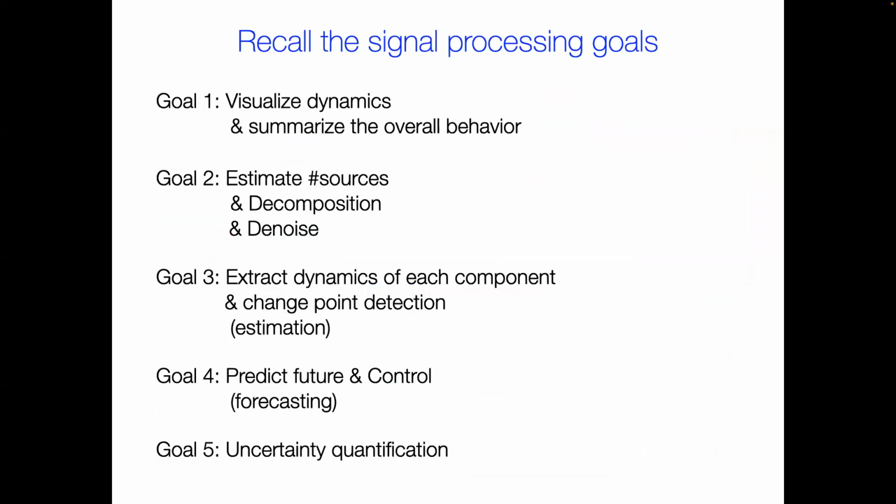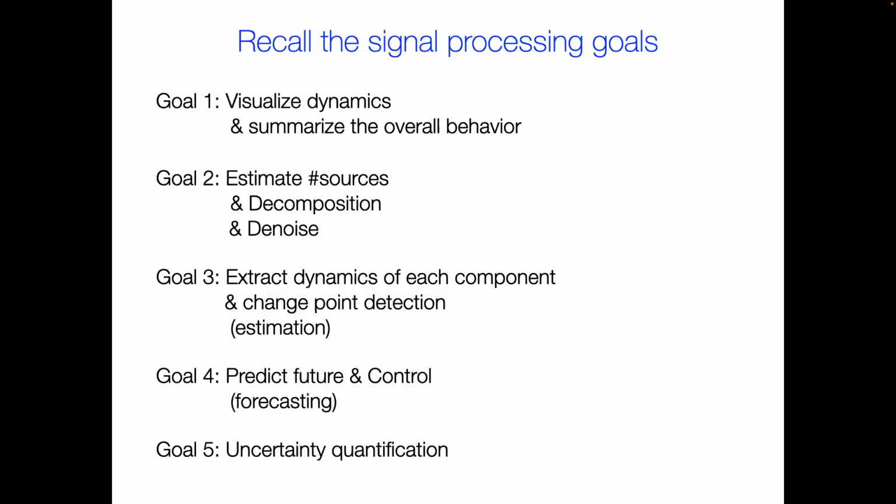But before I go into details, let's have a quick recall, if you have any experience in signal processing, you know it. What do we do for a given signal, a time series? Usually, the first mission is to visualize the dynamics. You can plot the signal, or generate a spectrogram, or there are some other ways to visualize things, but no matter what, visualization. Second, you may want to estimate the number of sources, and do decomposition, denoising, and so on.